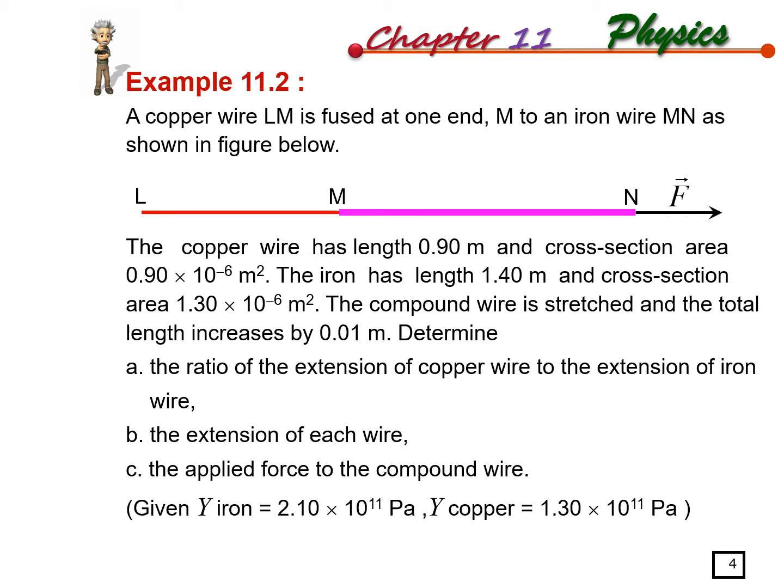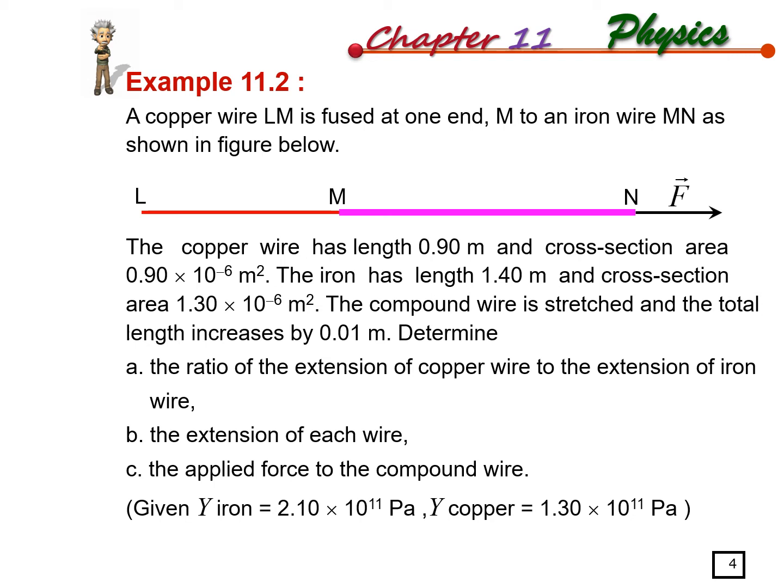Okay, next let us look into example 11.2. Okay, so this one you have a copper wire LM fused at one end, M, to an iron wire MN as shown in the figure below. So you have a copper wire and iron wire fused together, and the copper wire has a length of 0.9 meter and cross-sectional area given as 0.9 times 10 to the power of -6 meter square, and then the iron has a length of 1.4 meter and cross-sectional area given as 1.3 times 10 to the power of -6 meter square.